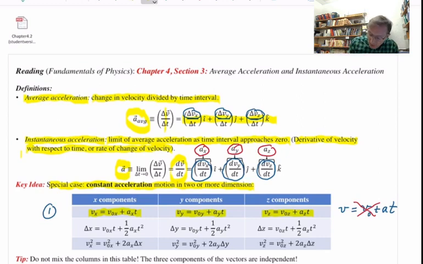Now, the next row in this table is based off of what I called constant acceleration equation 2, which I'll remind you by writing over here to the side what it looked like, assuming our particle was moving on an x-axis. X final equals x initial plus v initial t plus 1/2 at squared.